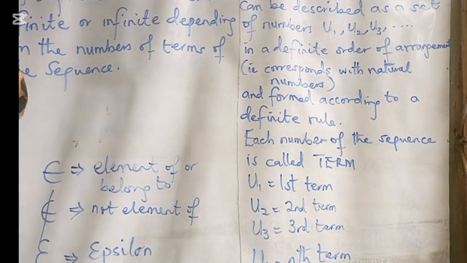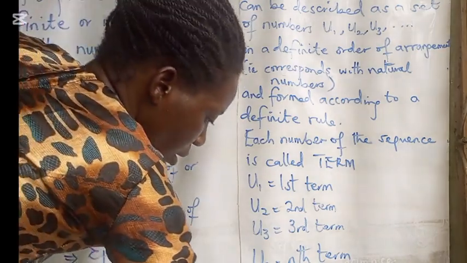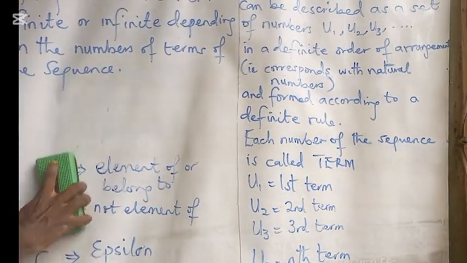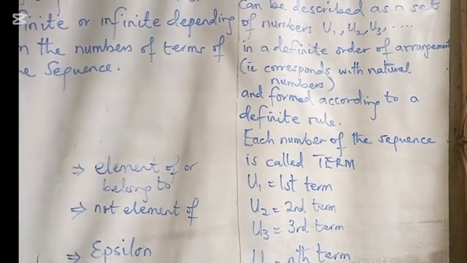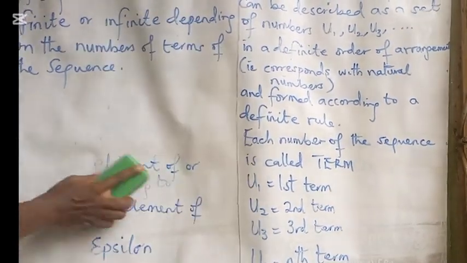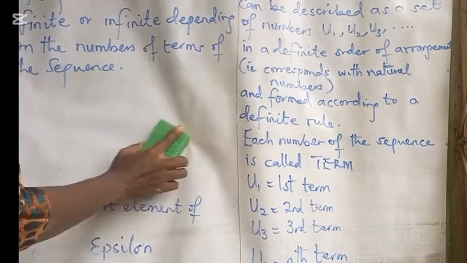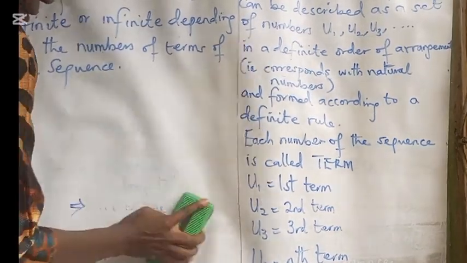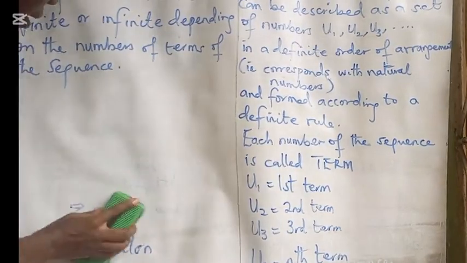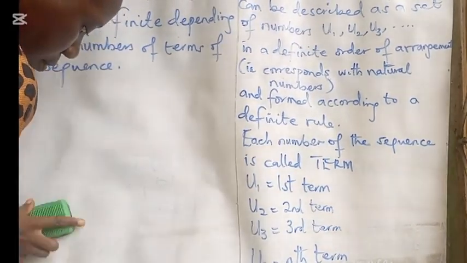That tells us that a finite sequence will definitely have finite number of terms, and an infinite sequence will do what? Have infinite number of terms.